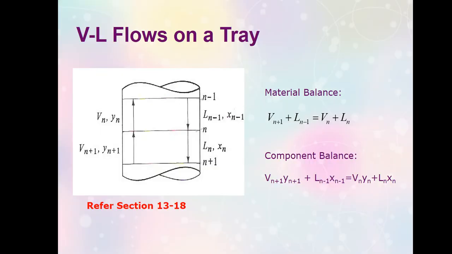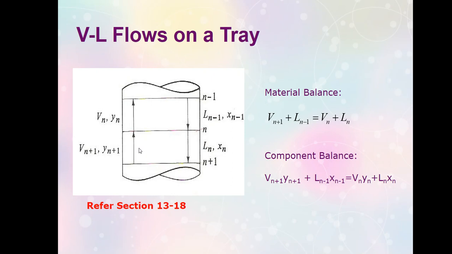If we look into the liquid flows on each tray, this is a cut portion of the schematic for a distilling column. You could see here that the liquid phase entering stage n is L sub n minus 1, and the liquid that goes down is Ln. In constant molal overflow, we assume that these two are equal. Same thing with the vapor, these two are equal.